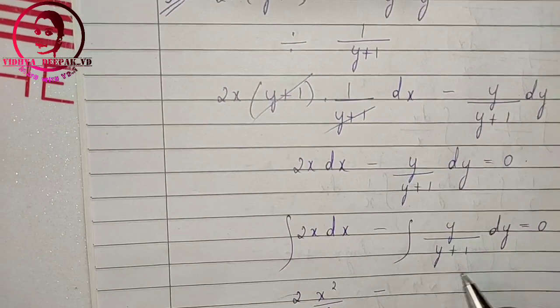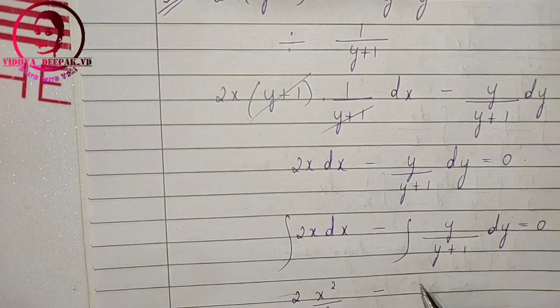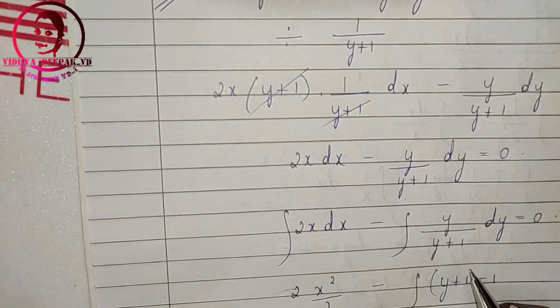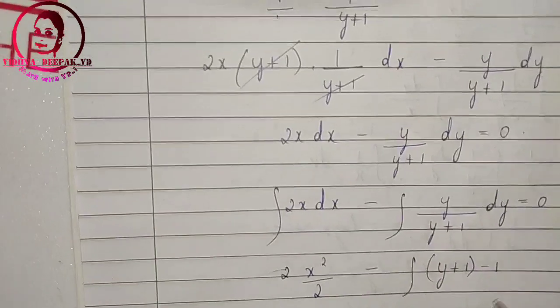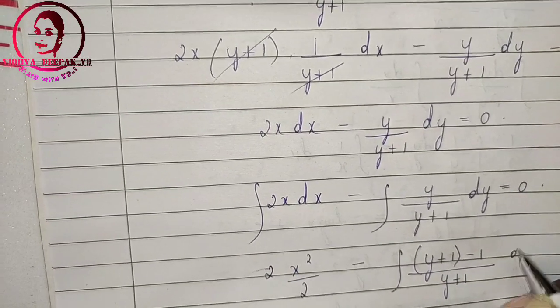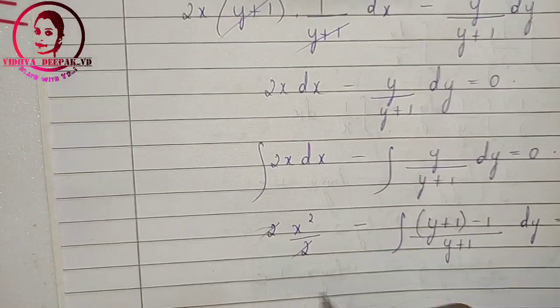Minus, here I will make the numerator equal to the denominator. In order to do that, I should add 1 and subtract 1, so I combine them as (y+1) minus 1, divided by y+1. Now I can split the denominator.